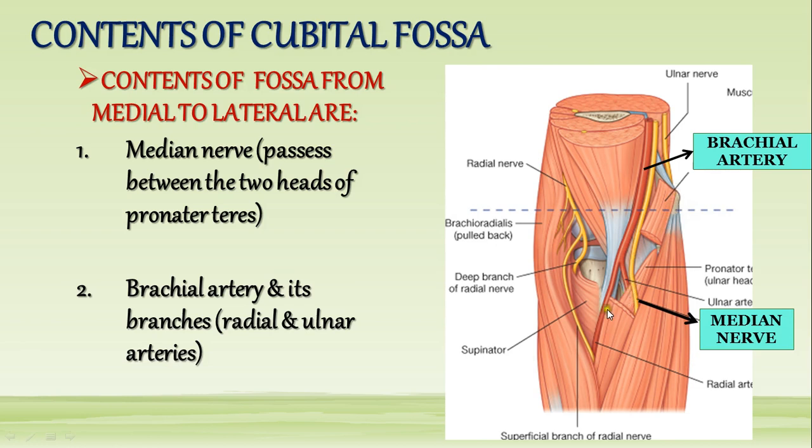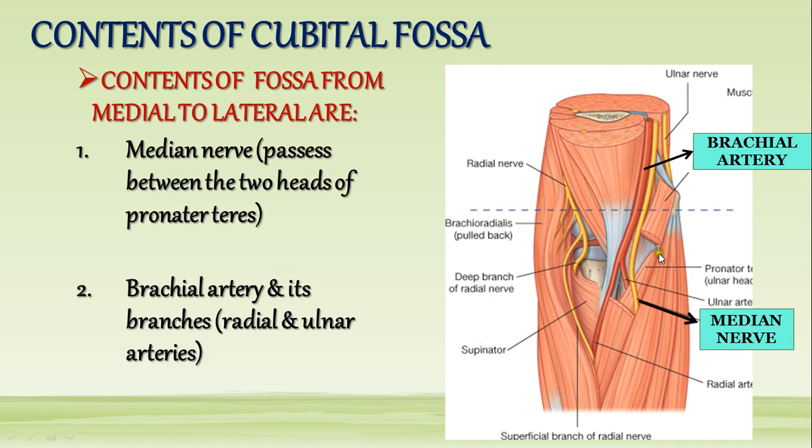Medially, it is bounded by pronator teres muscle. Laterally, it is bounded by brachioradialis muscle. In the floor of the fossa, you can find two muscles, brachialis and supinator muscle.